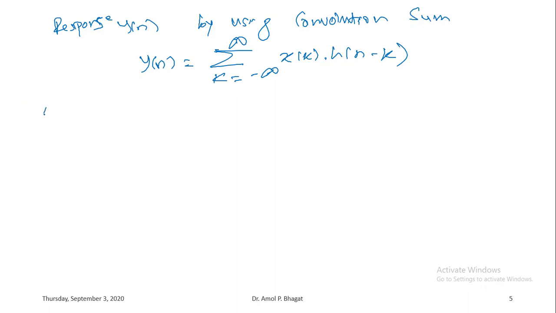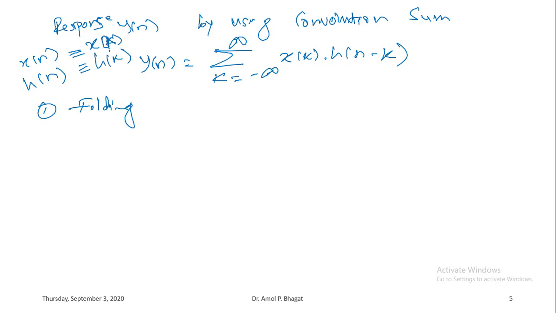So the first one is folding. You will be provided with input x of n and h of n, which you will be representing as x of k and h of k. So x of n and x of k are the same.